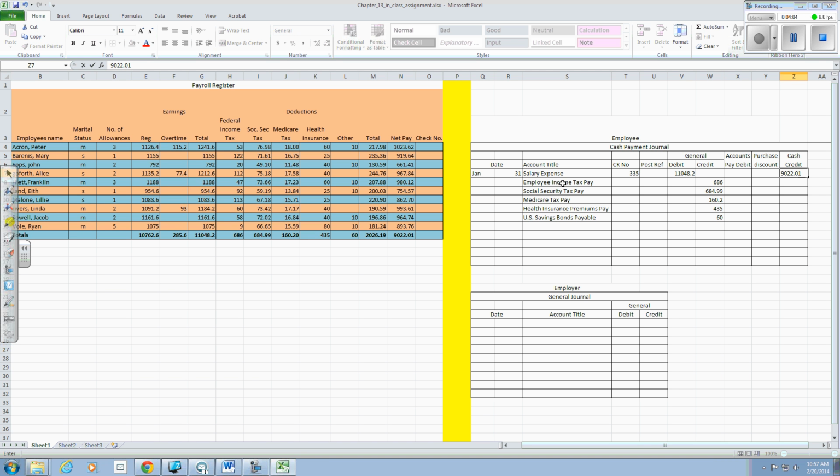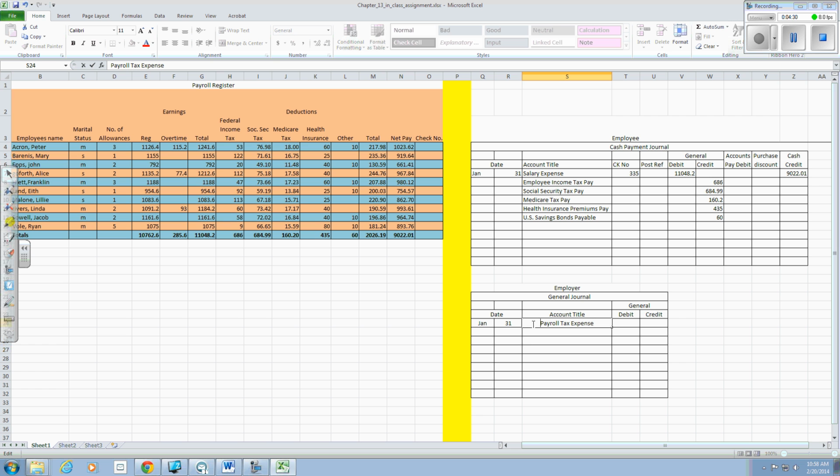Now, on the same date, the 31st, we also have to do the employer's payroll taxes. So how do we calculate that? Well, we're going to use the same date, January 31st. Now we're going to record what's called payroll tax expense. That's the account we're going to use.